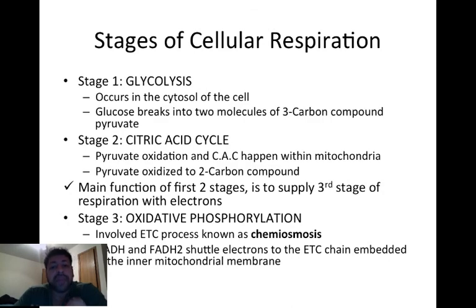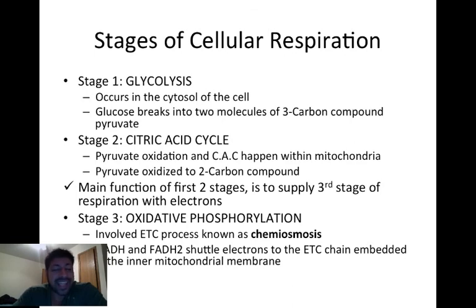And again, the main function of these first two stages, glycolysis and the citric acid cycle, is to supply the third stage, the oxidative phosphorylation, with electrons. And ultimately, stage 3, you have again the electron transport chain process involved, and ultimately we're leading up to chemiosmosis.